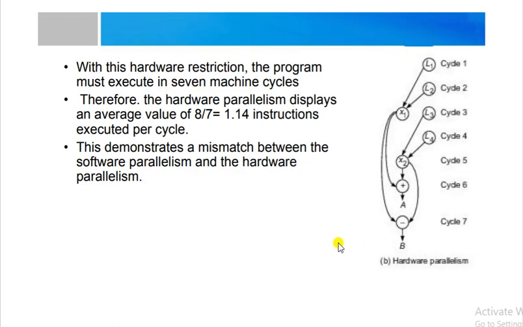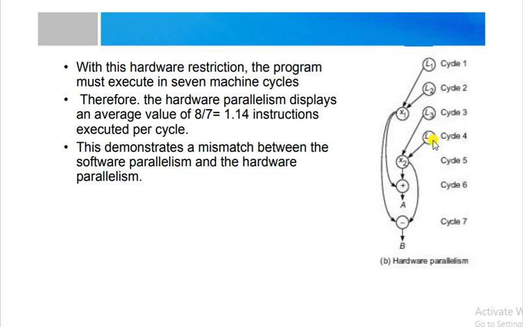But this is the example for hardware parallelism for the same instructions. For hardware parallelism, we need 7 cycles for executing these instructions. First of all, load the first variable L1, and in cycle 2 load the second one, and in the third cycle load the third variable, and with that we multiply these 2 variables in the same cycle, cycle 3.